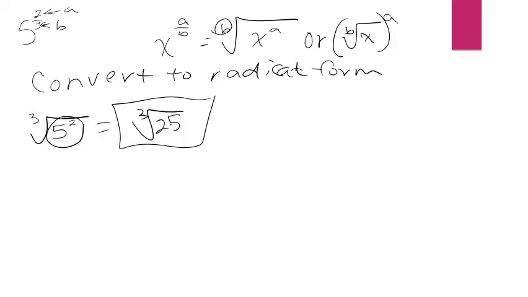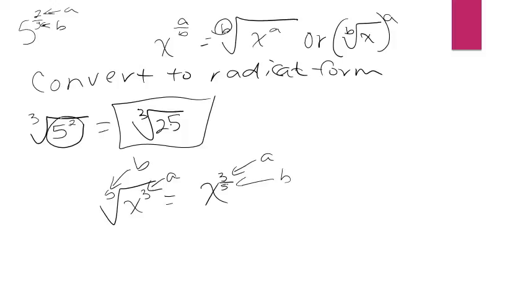Now let's look at a number in radical form. If we have the fifth root of x to the third power, again, x is our number here, and it's to the third power over 5. This is our a, which goes on top, and this is our b, which goes on bottom.